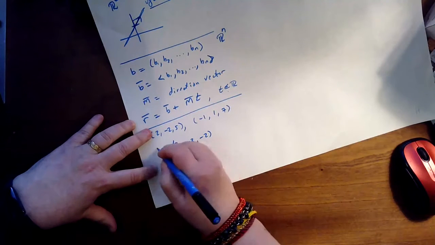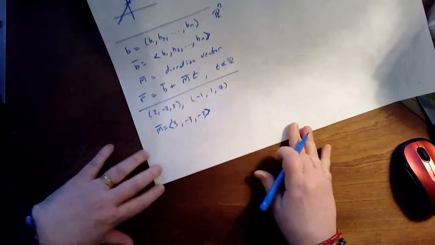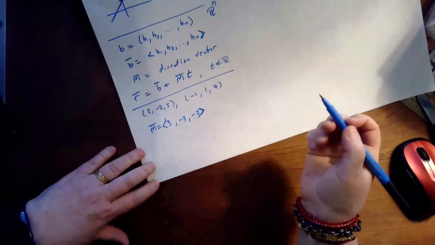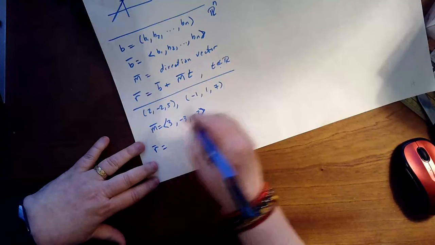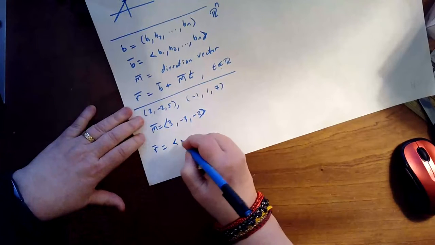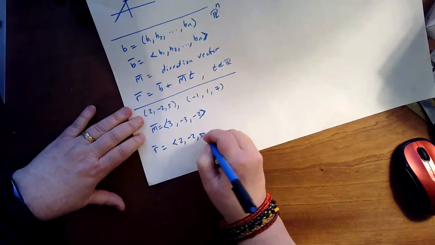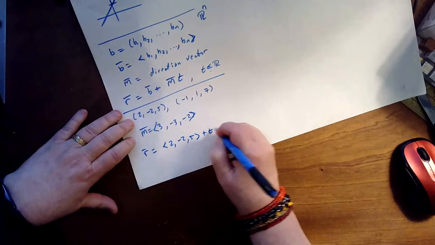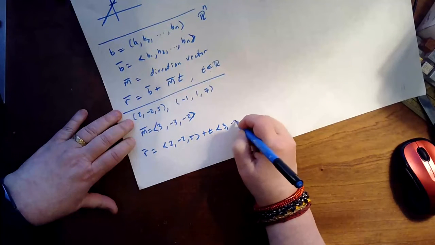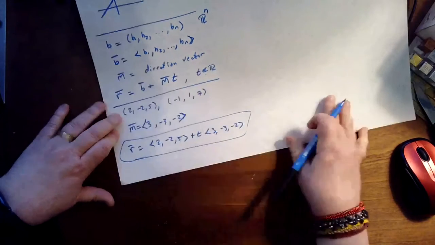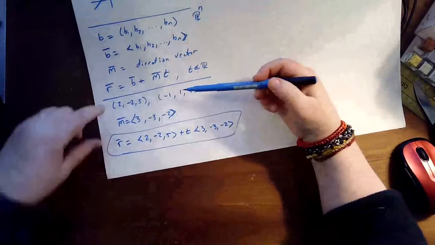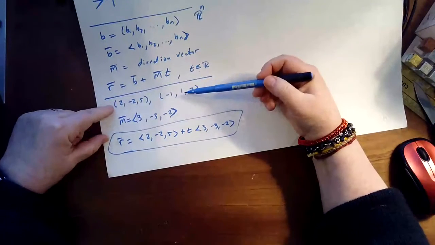Good, that's my direction vector. And I know it goes through either one of these points. Pick a point. What's your favorite point? r is equal to, I'm just going to pick this one, (2, -2, 5) plus t times (3, -3, -2). And that is the vector equation of the line through these 2 points.